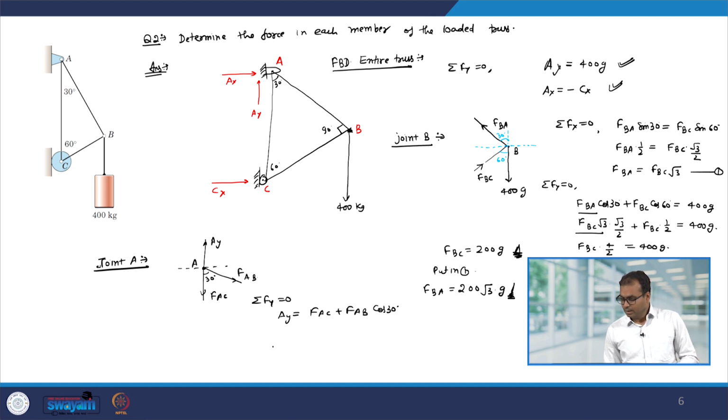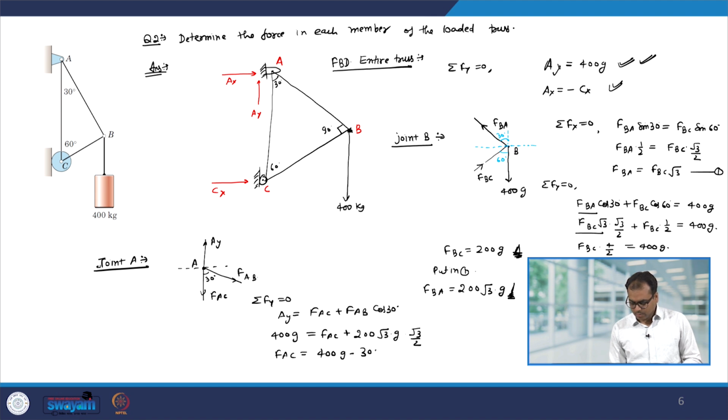Ay we have calculated, Ay is 400 G. So, you can look at this equation, FAC plus FAB, FAB is 200 square root 3 G, and cos 30 is square root 3 by 2. So, therefore, I get FAC equal to 400 G minus 300 G, or FAC equal to 100 G. So, with this we have calculated all the forces that are acting in this truss. So, with this let me stop here. Thank you.